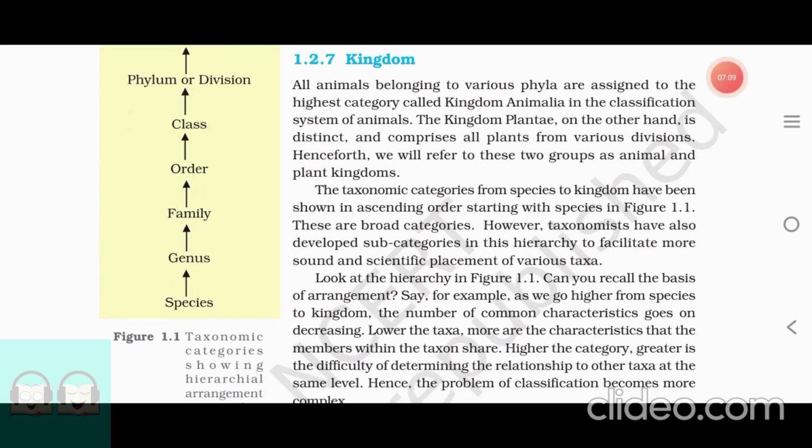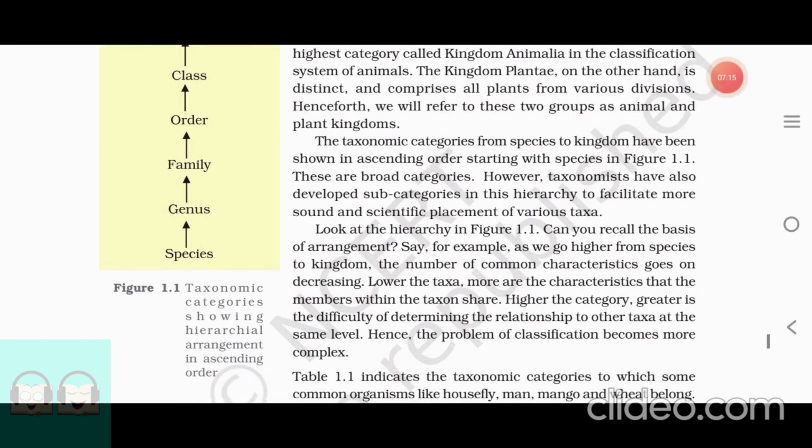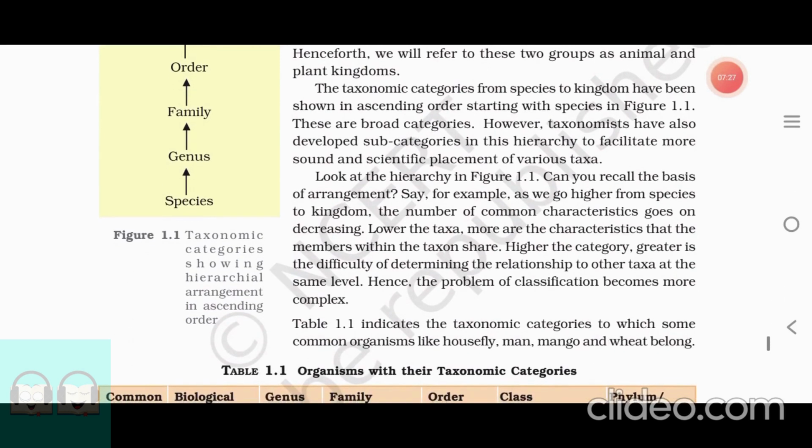The taxonomic categories from species to kingdom have been shown in ascending order starting with species in figure 1.1. These are broad categories. However, taxonomists have also developed subcategories in this hierarchy to facilitate more sound and scientific placement of various taxa. Look at the hierarchy in figure 1.1.